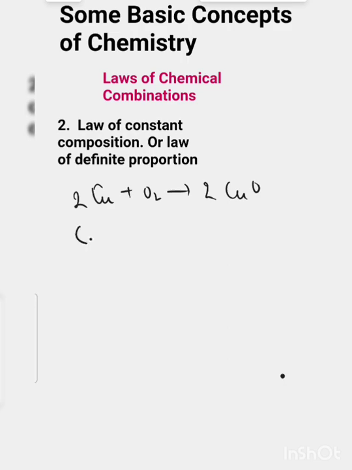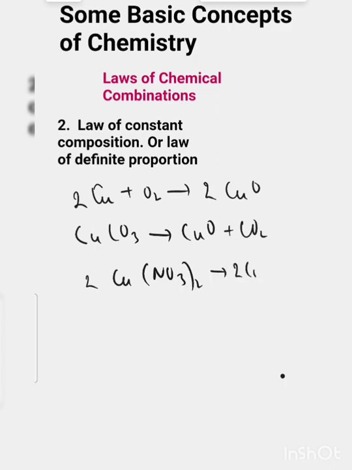In another example, CuCO3 gives us CuO plus CO2. In the third reaction, we have CuNO3, which gives us CuO plus NO2 plus O2. So this is the first reaction, this is the second reaction, and the third reaction.